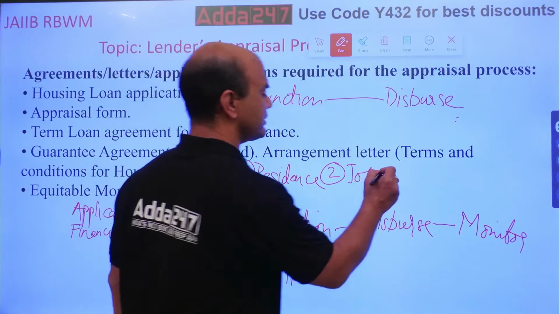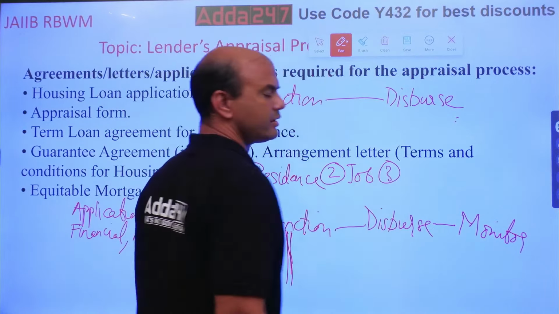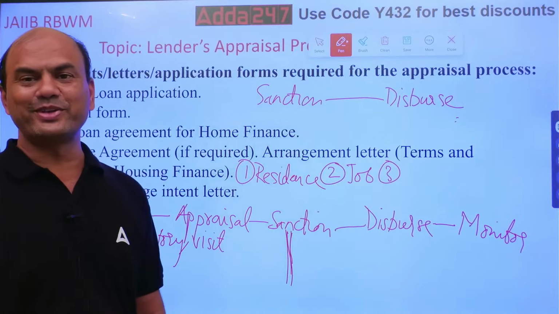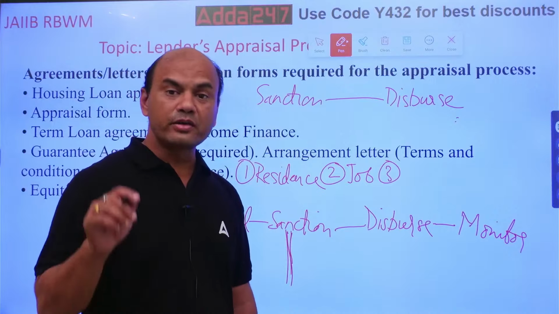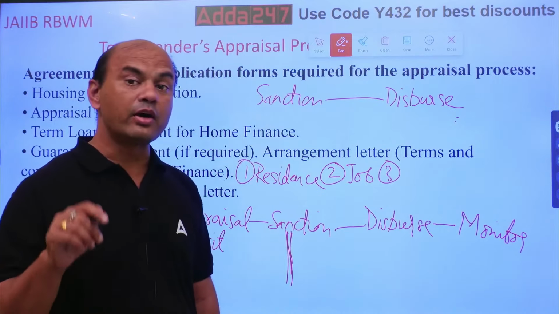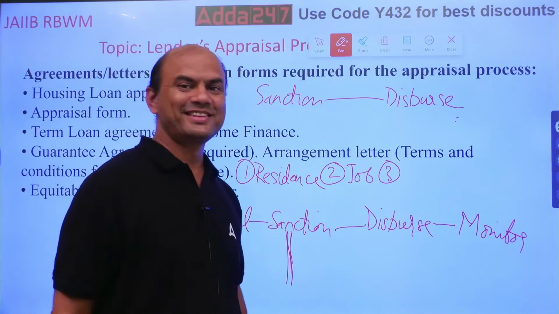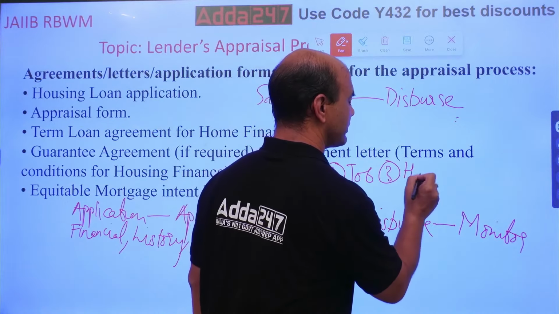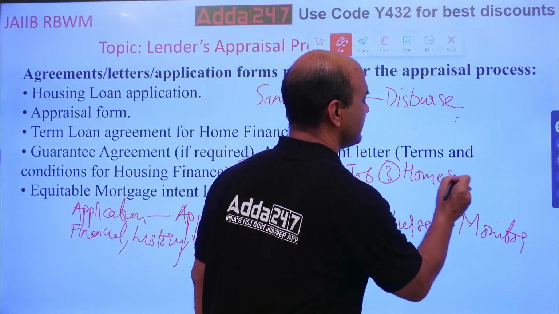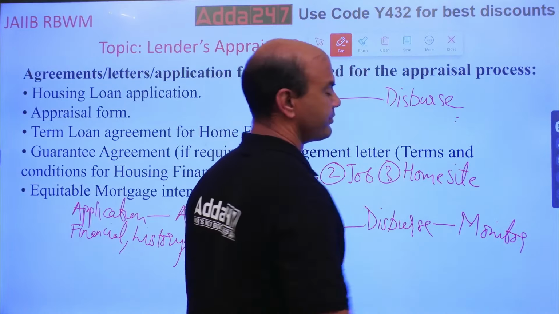Third is, where the third visit? This is very important. Third visit is at the place where the house is built. House site means home site. Home site you can call it. Very important one.